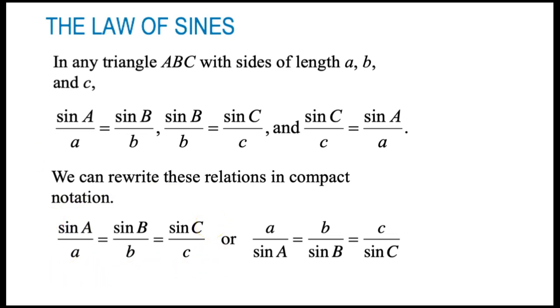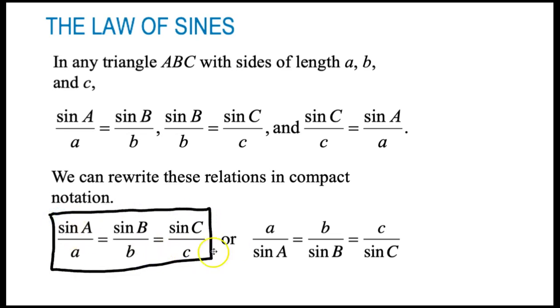Okay, so this is the law of sines. Now, we could also obviously just take the reciprocals of all those and write it like this. Okay, but usually we'll see it written like this. Sine of angle A over side a equals sine of angle B over side b equals sine of angle C over side c. And we can use this to solve triangles, solve for missing pieces in triangles.